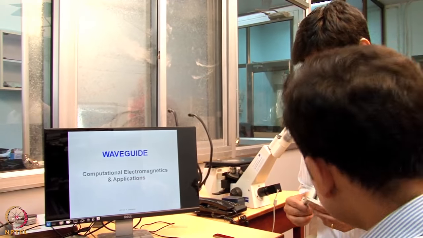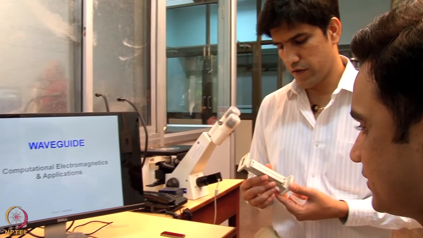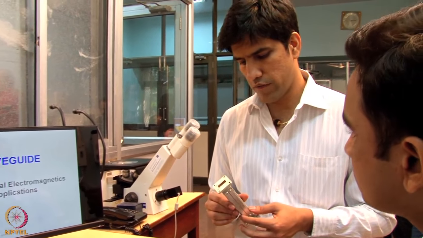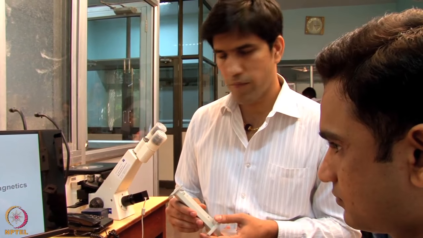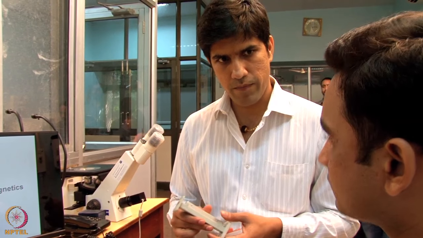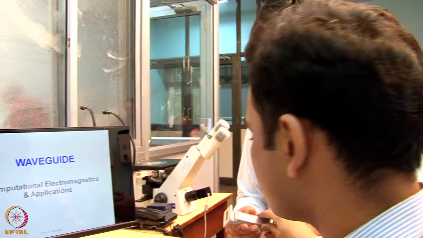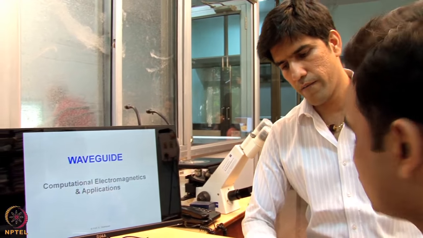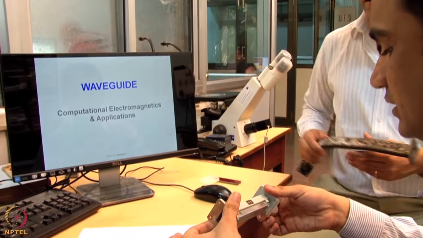Mayur, I also know that you have simulated an X-band waveguide, which is roughly 8 to 12 gigahertz in the microwave region, and I've asked you to also simulate this particular problem using the finite difference method. Could you please explain how you have done it? Yes. I have simulated three things. First is a waveguide without any bend, a straight waveguide like this.